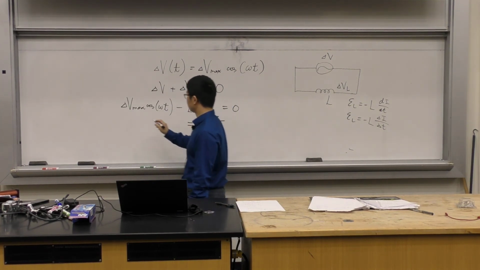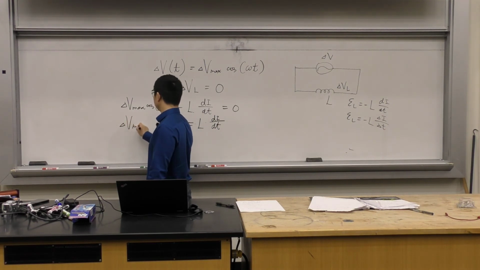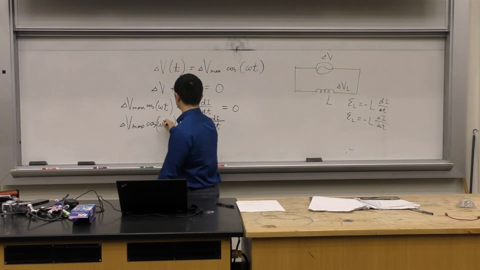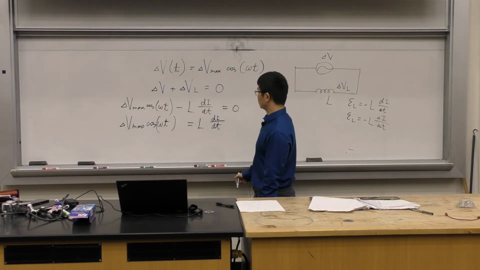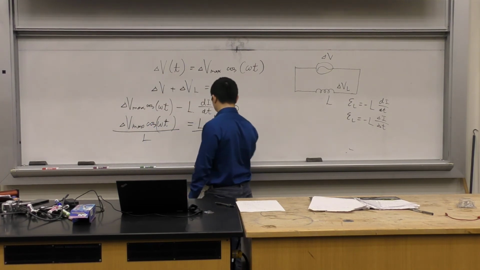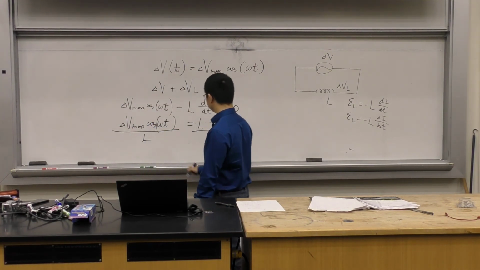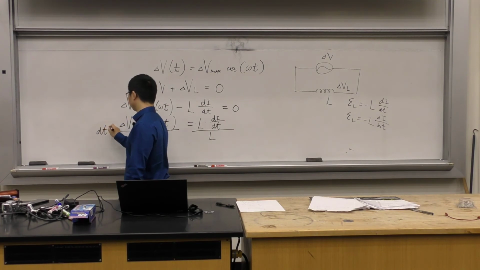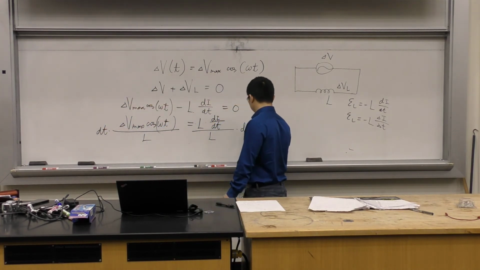You should have learned how to solve this equation in the calculus class, right? And then you just divide both sides by L and multiply both sides by dt, right? And what do you get?